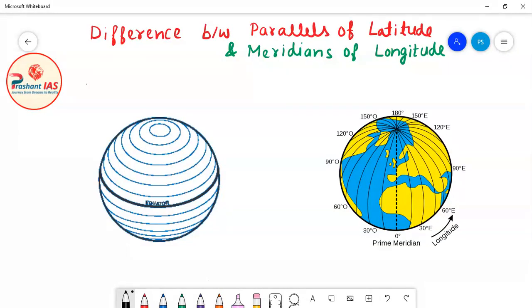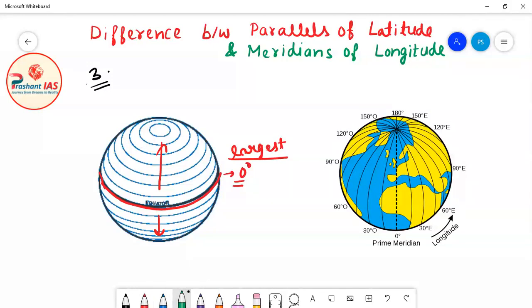Now friends, after this let us discuss the third difference between parallels of latitude and meridians of longitude. Remember, in the class on latitudes I told you which is the largest latitude. I think you must have remembered that the equator, the 0 degree latitude, is the largest latitude. As you move from the equator to the North Pole or to the South Pole, the size of latitudes decreases.